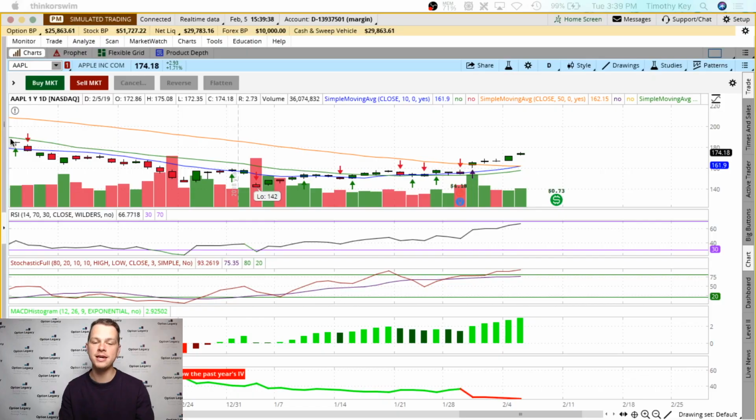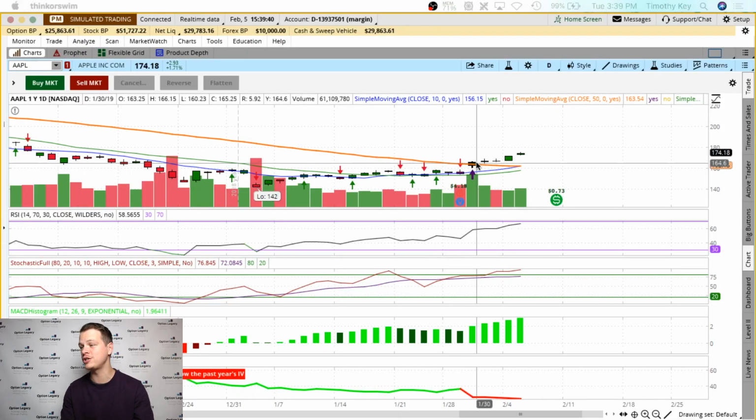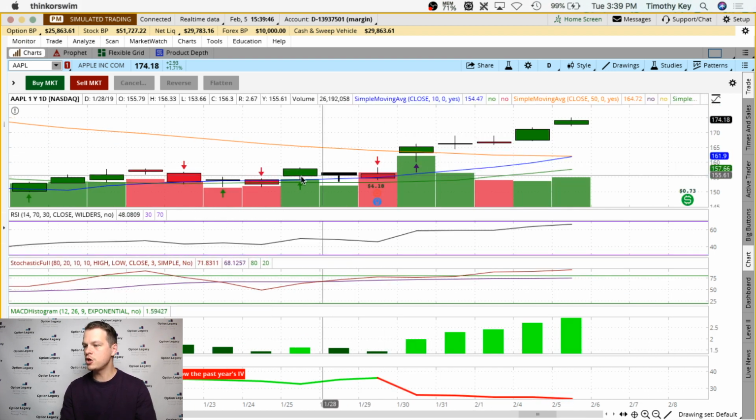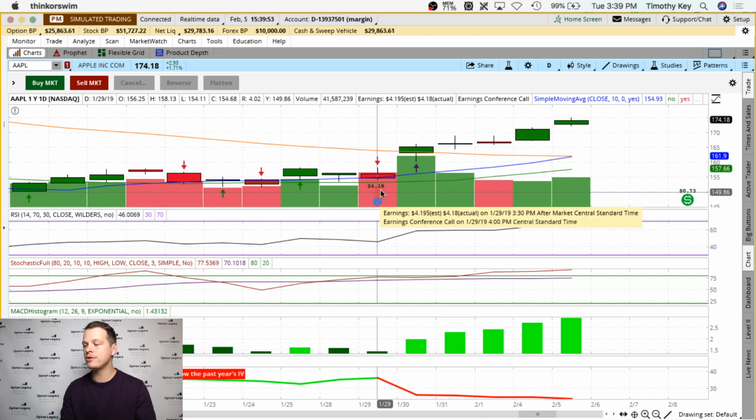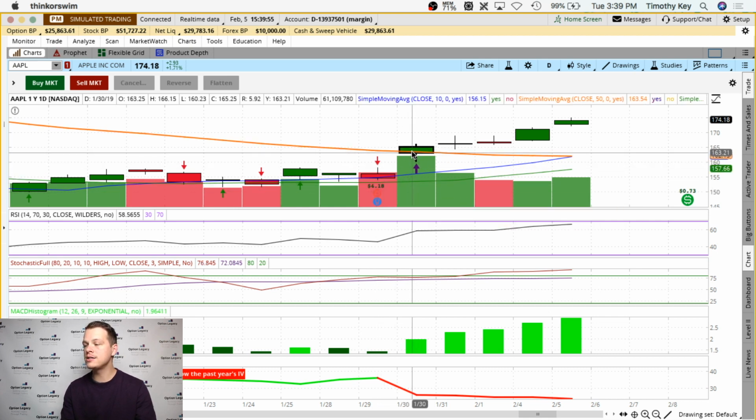So back on the 18th or the 22nd of January, we had the 10-day cross above the 20, and then we had the price point cross above the 50-day simple moving average, and that's what triggered us to say, hey, this can be an entry. So we had momentum coming up with the moving averages moving higher, the price point moving higher. We had earnings back here on the 29th, and that caused the price point to move above that 50-day simple moving average and close higher than it.